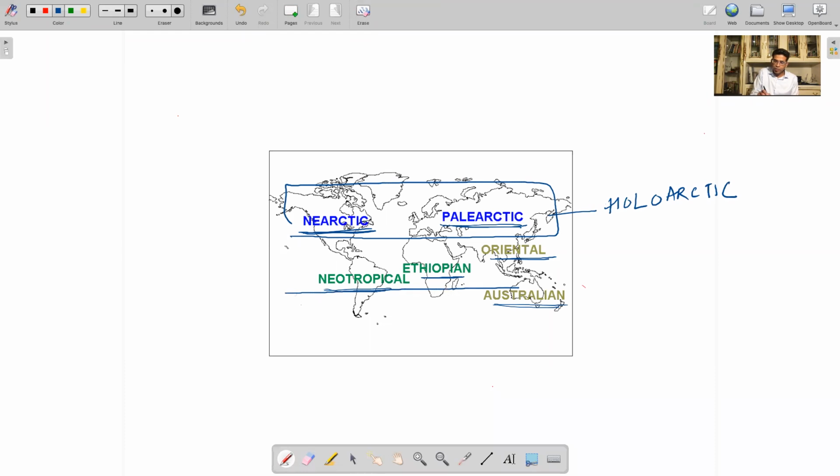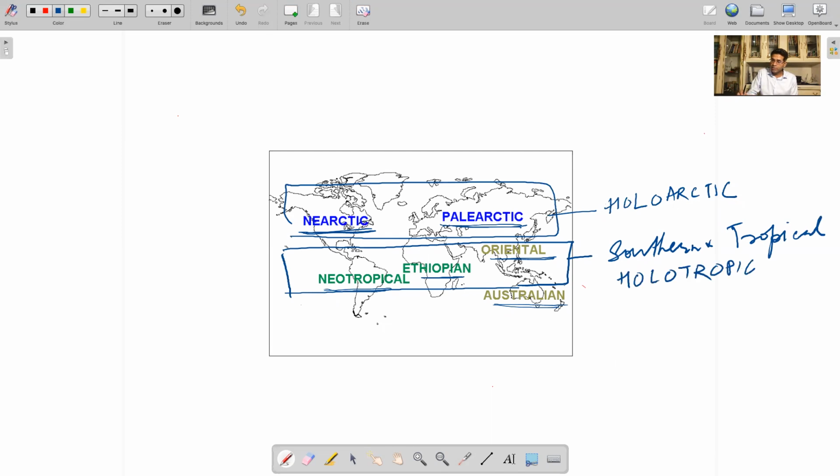The Neotropical, Ethiopian and Oriental are the southern and tropical parts. This is the holotropical. Australian is separate.